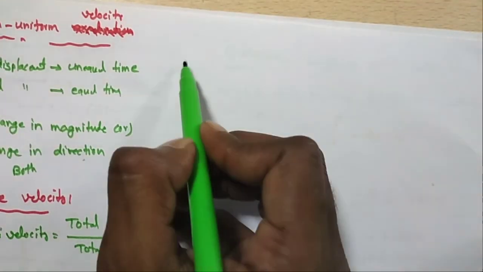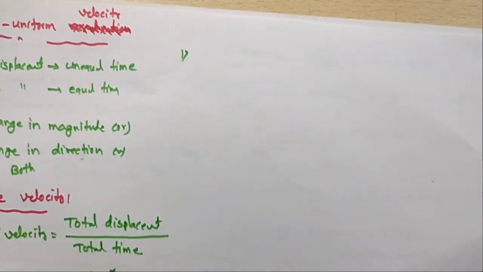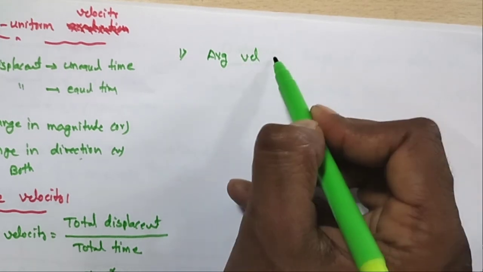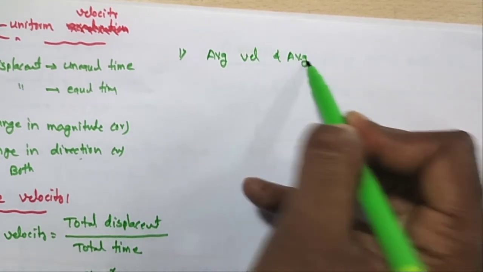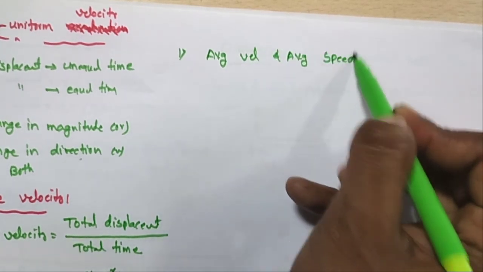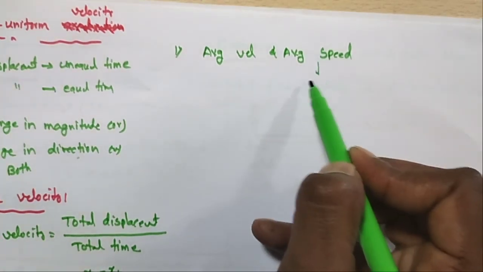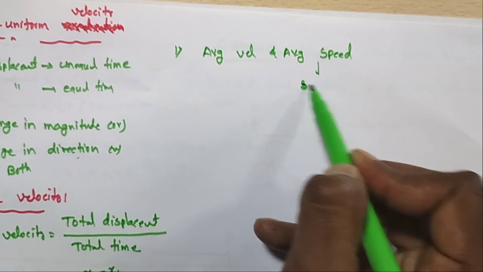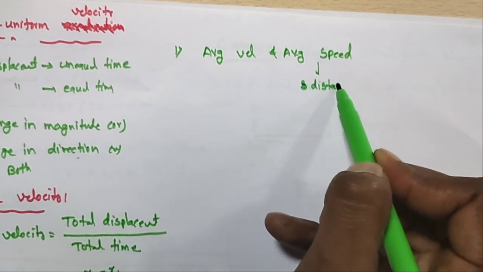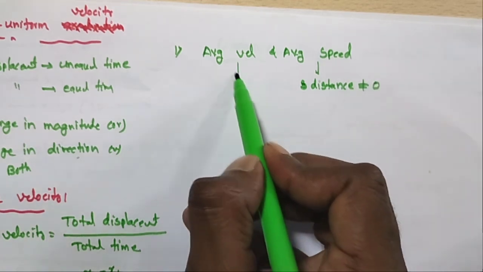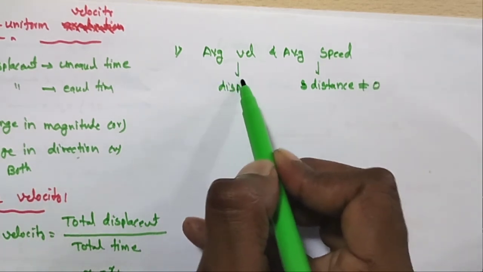What is the difference between average velocity and average speed? Speed depends on distance. The distance can never be zero, but the displacement may be zero.